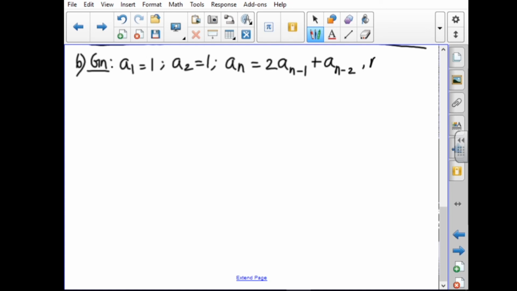This is applicable for n greater than or equal to 3. To find the first 6 terms. Solution.